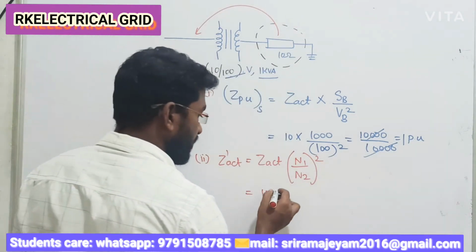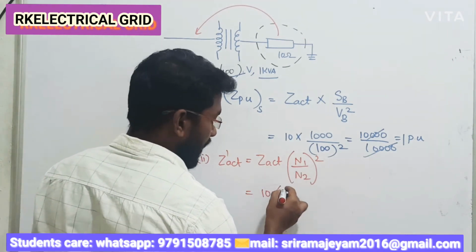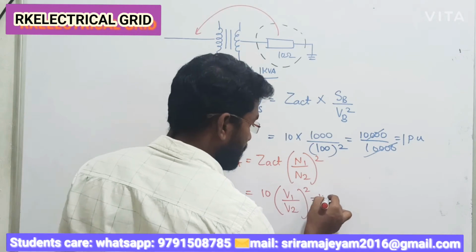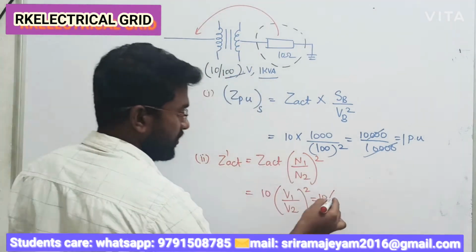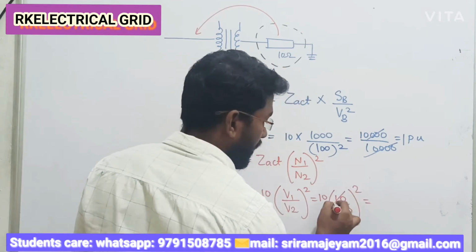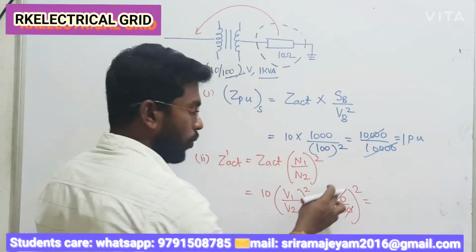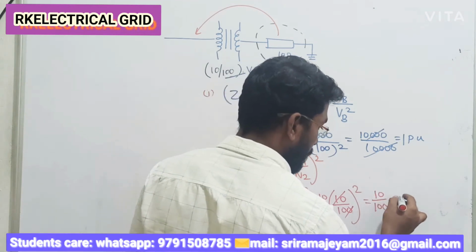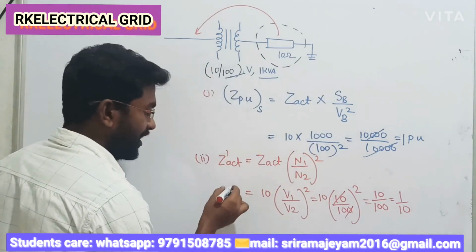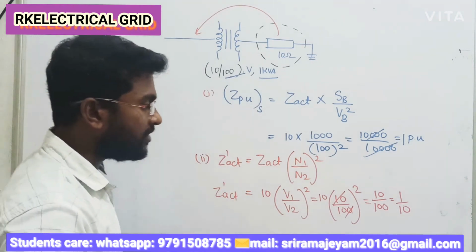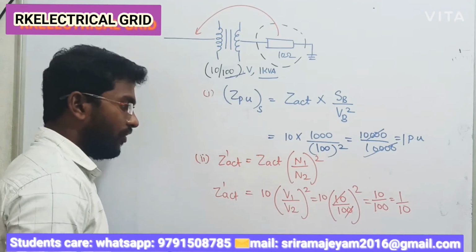When you transform to the primary side, 10 into n1 by n2, which can be written as v1 by v2 whole square. Or I can say 10 into the value of v1 is 10 and the value of v2 is 100, whole square. 10 and 10 get cancelled. 1 by 10 square will become 100. So 10 by 100 will become 1 by 10. So that is the actual impedance offered by the transformer at the primary side. So on the primary side it is 1 by 10. Yes or no? Of course sir, you are correct.